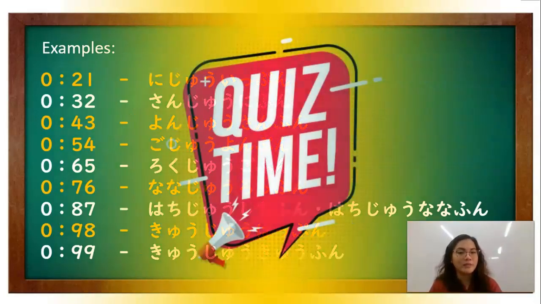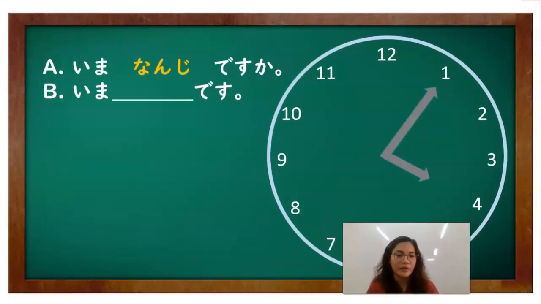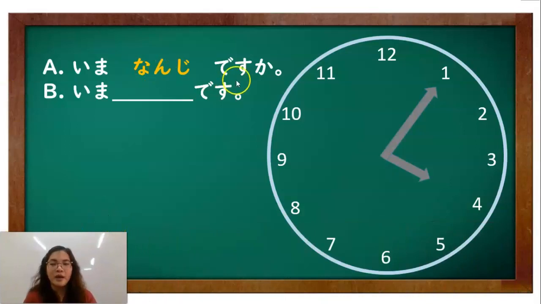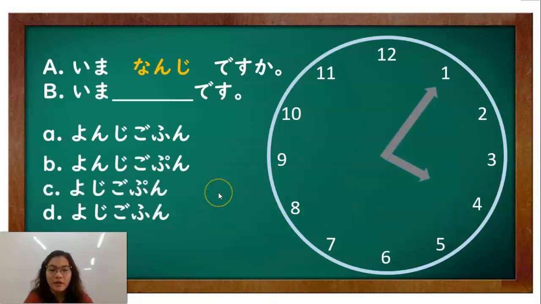Now let's proceed to quiz time. Here's the question. Ima nanji desu ka? A. 4時5分, B. 4時5分, C. 4時5分, or D. 4時5分.